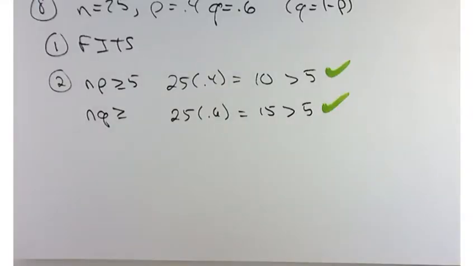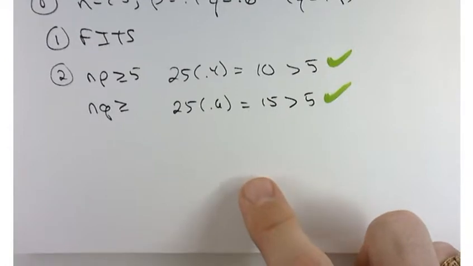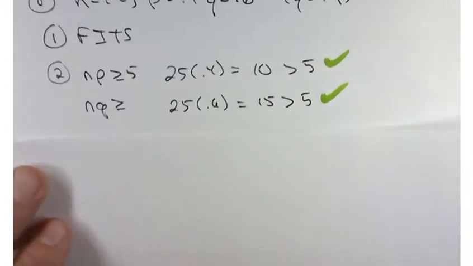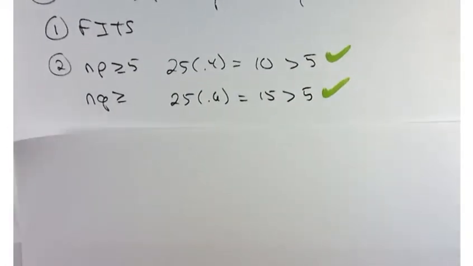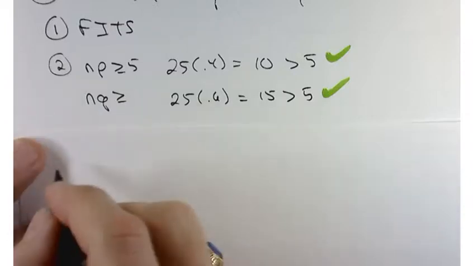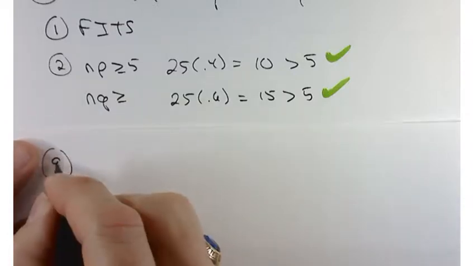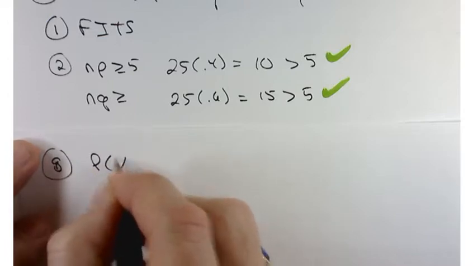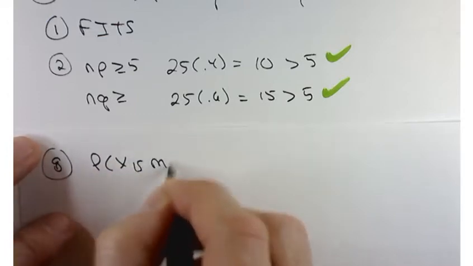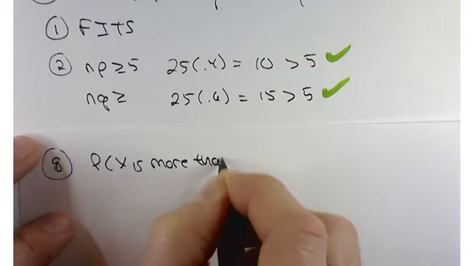Oh my, now what are we going to do? Well, now we actually have to follow through with the rest of this. That is, find a normal approximation to this binomial probability. So we want to find the probability of more than 9 successes in this trial. Probability that X is more than 9.